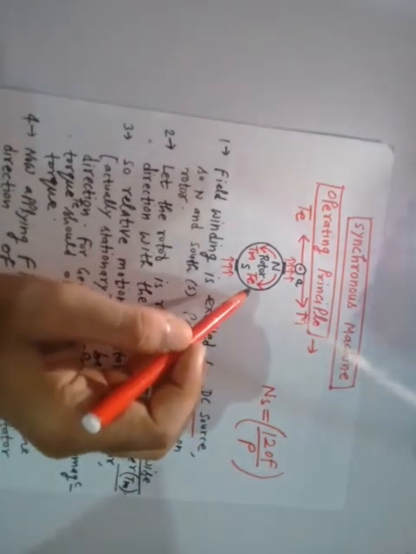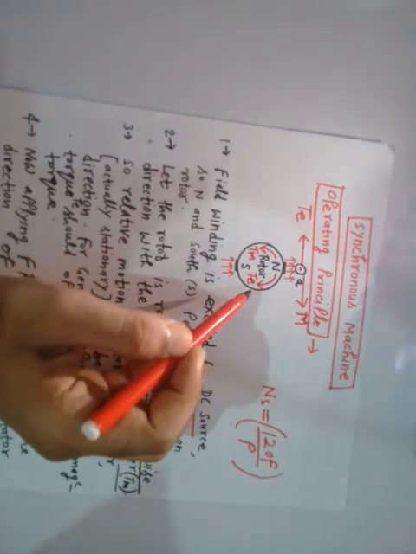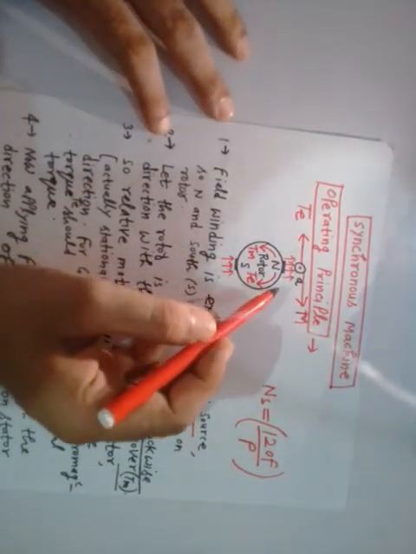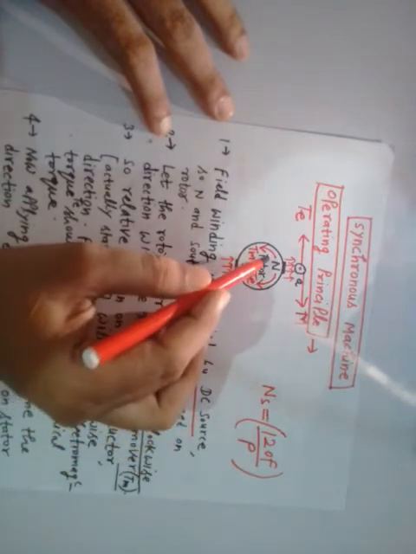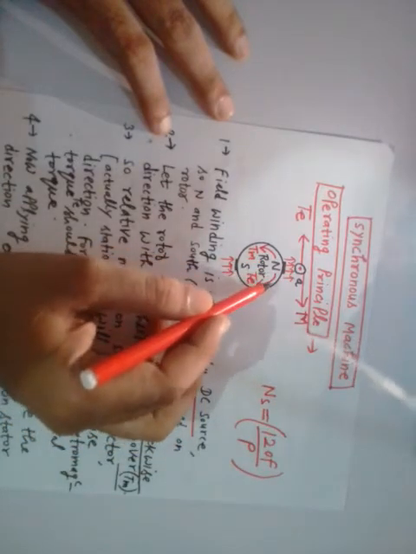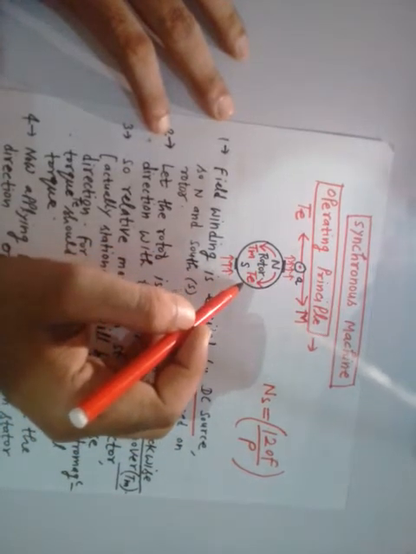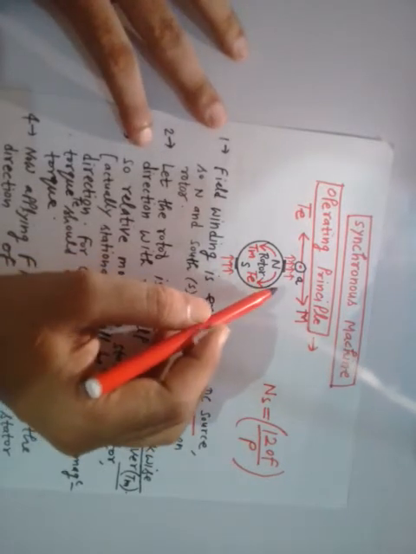And you know, my dear friend, that since the rotor is also rotating at synchronous speed, and your rotating magnetic field is also rotating at synchronous speed in the air gap, that means the speed of both is the same, which is equal to the synchronous speed given by Ns = 120f/P. So you will not find any concept of slip, as you have studied in the case of the induction motor.